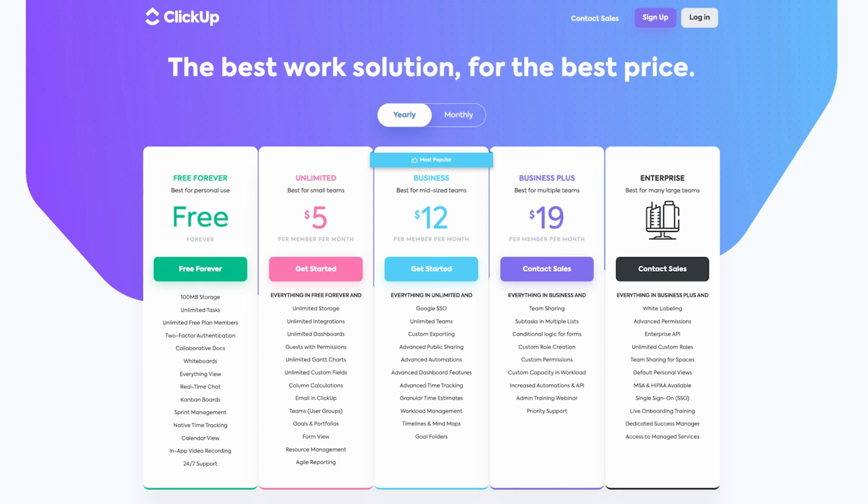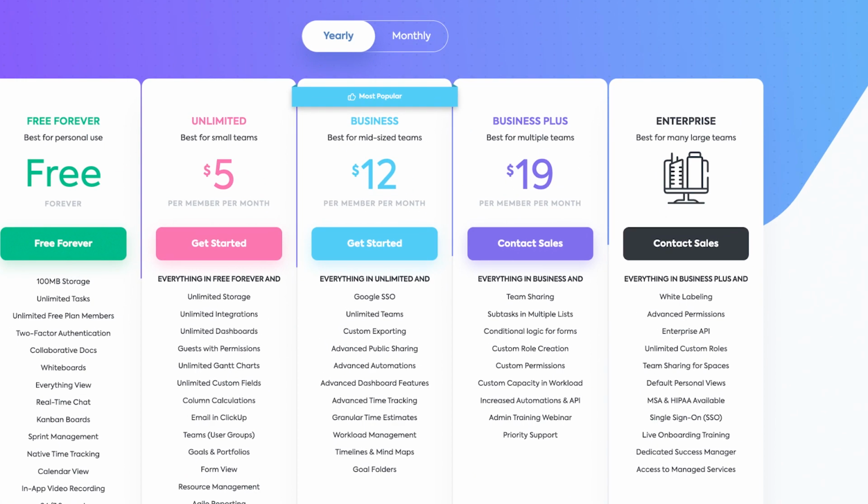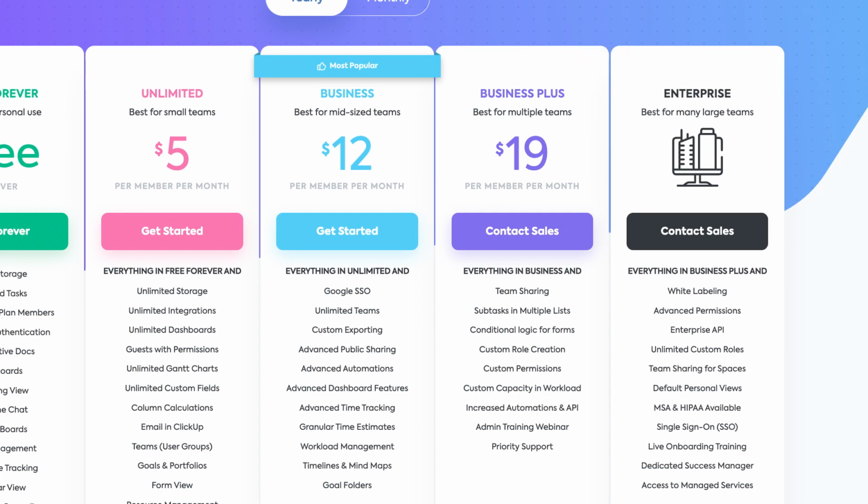You do not have the choice which member gets AI or not. They all get it. Now, conditional logic in Forms is available in the Business Plus plan and above.